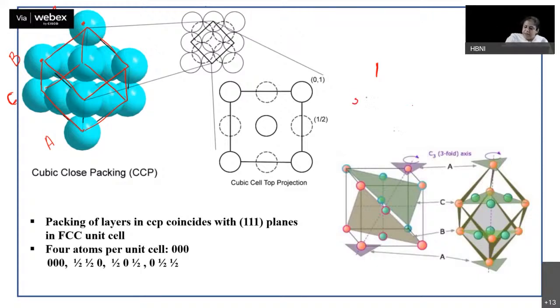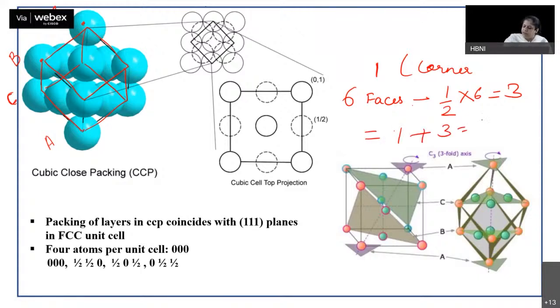We have 6 faces, and each face contributes half. So 6 faces contribute 3 lattice points. So this is from the corner, and these are from faces. So the total number of lattice points is 1 plus 3, 4.